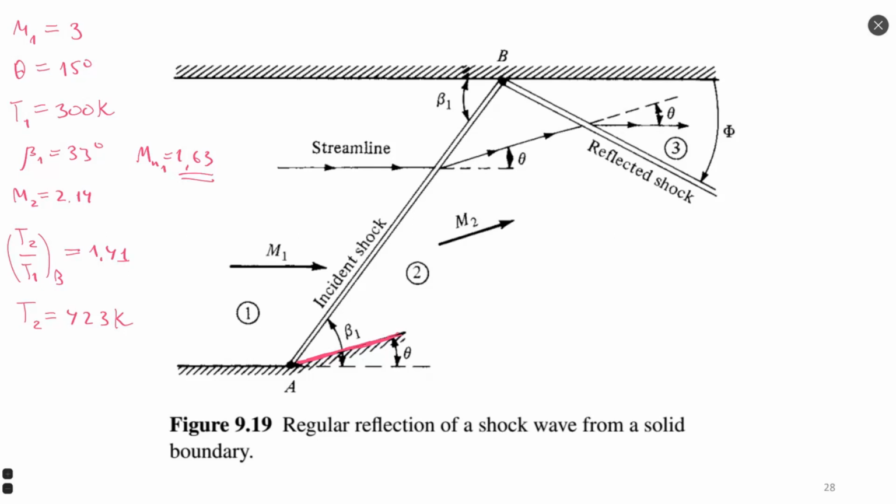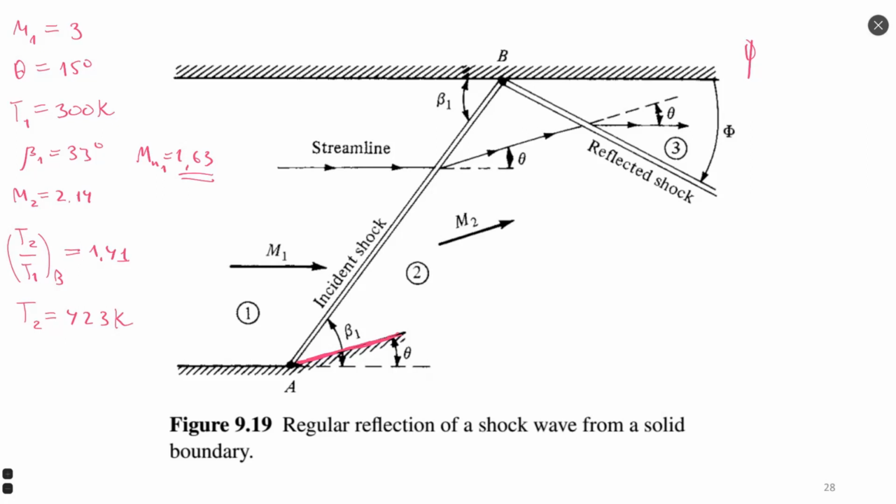And now we can calculate the transition on the second reflected shock wave. I will again go to see my angle of the shock wave, in this case phi. Oh, how is it written from the book?